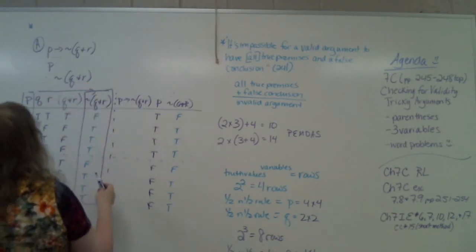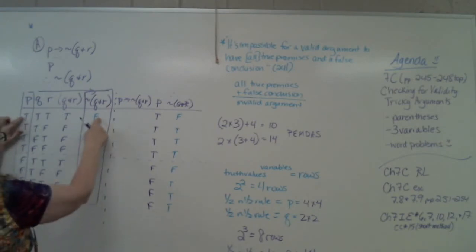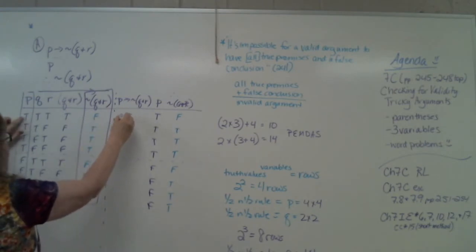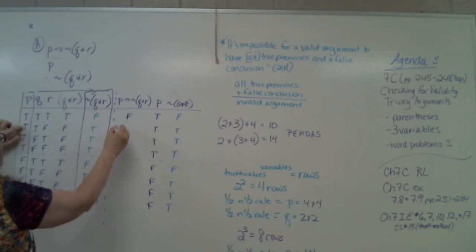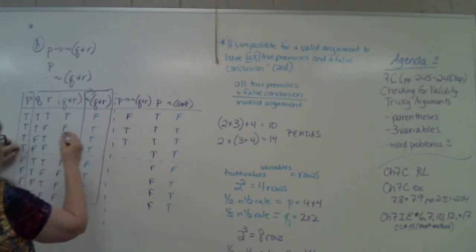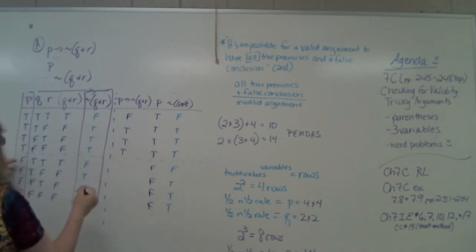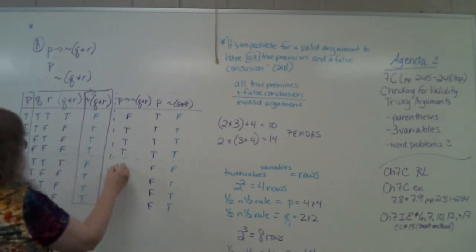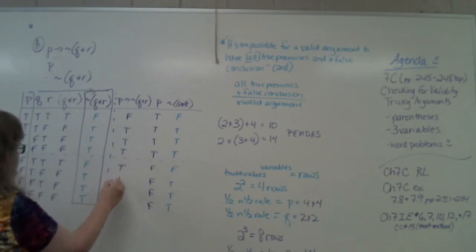Give myself a reminder. If true, then false is false. If true, then true is true. If true, then true, true. If true, then true, true. If false is always true. So my first one is false, so I just go true all the way down.